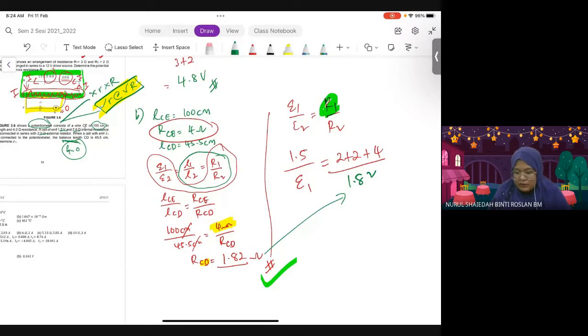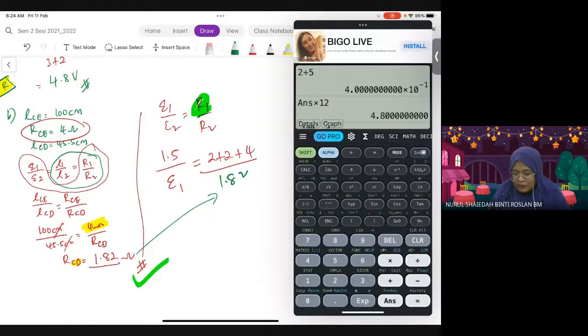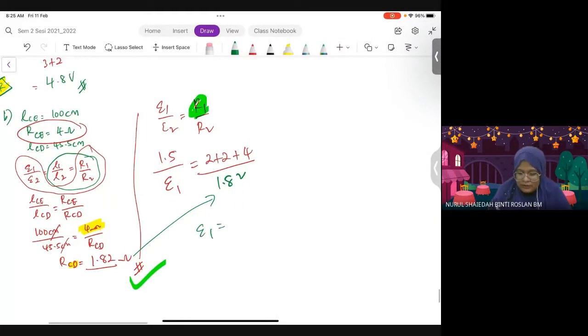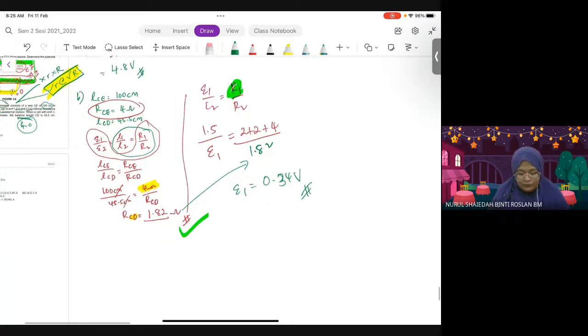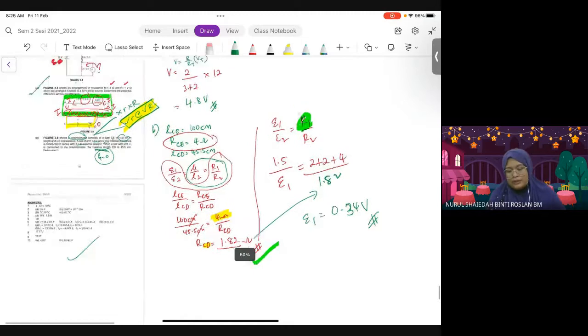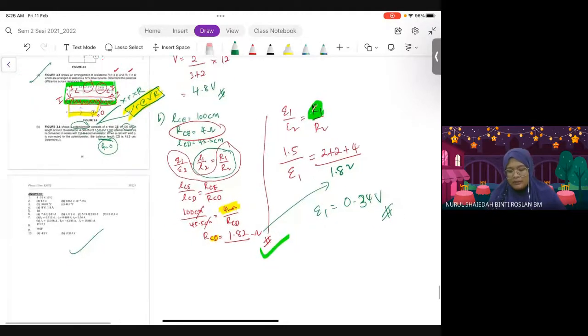Okay, so you akan dapat 1.5 divided by X equals 8 divided by 1.82. So you akan dapat 0.34. So your E1 is 0.34 volt. Yes, 0.34 volt. Dua titik perpuluhan. Jangan banyak-banyak lah.